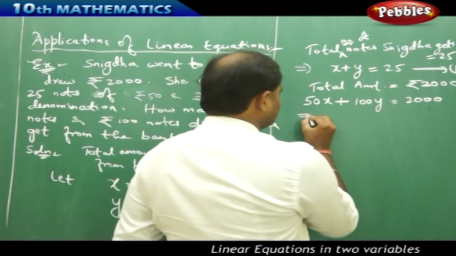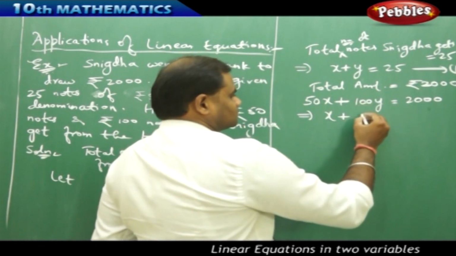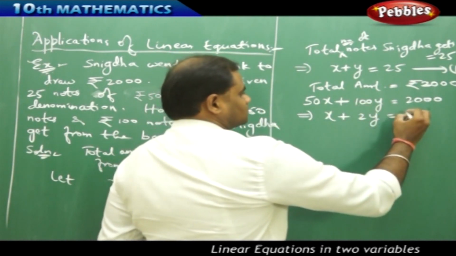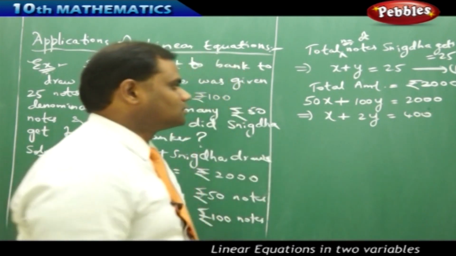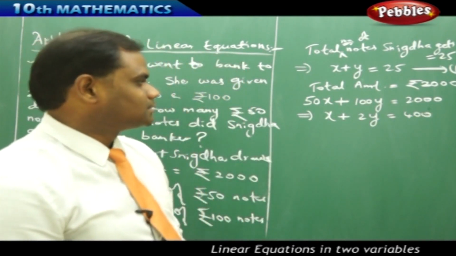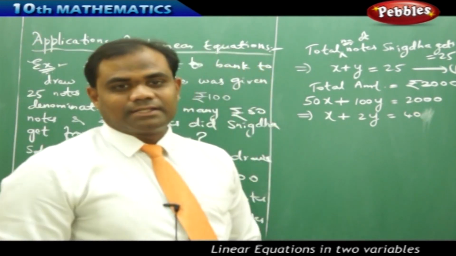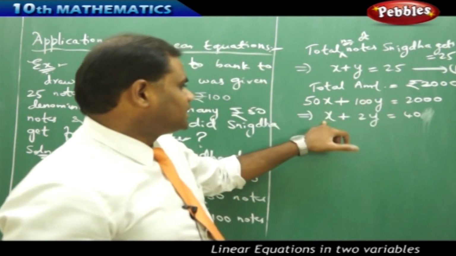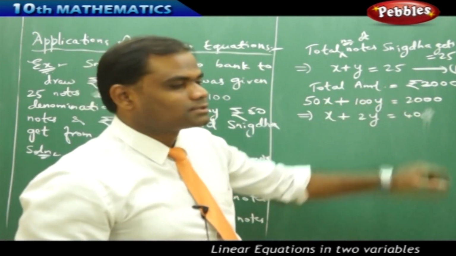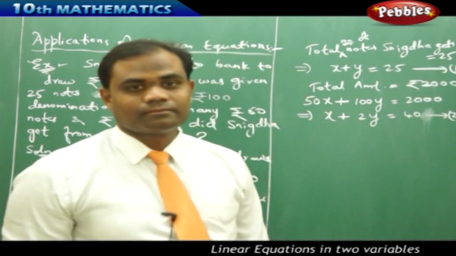When I further simplify this and divide the whole equation by 50, I get x plus 2y equals 40, which is the second linear equation.